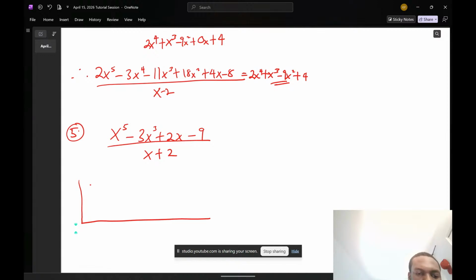So we have it as 1. So it's written as x raised to power 5 plus 0 x raised to power 4, plus 3x cubed plus 0x squared plus 2x, okay, minus 9.